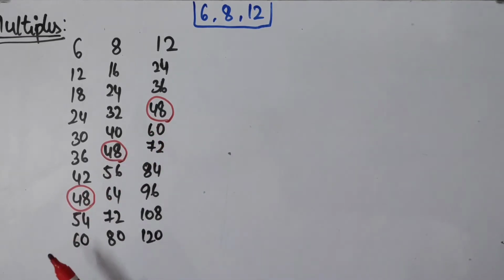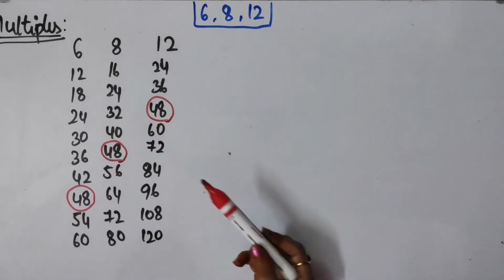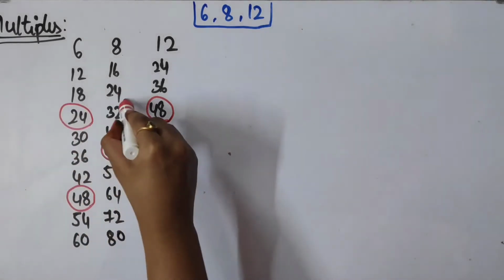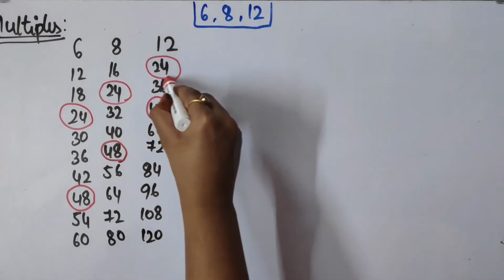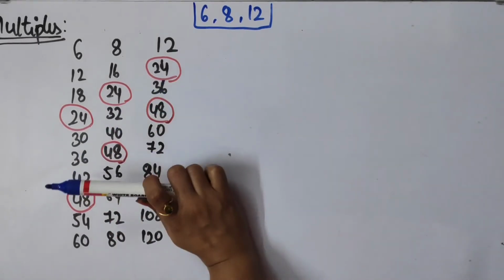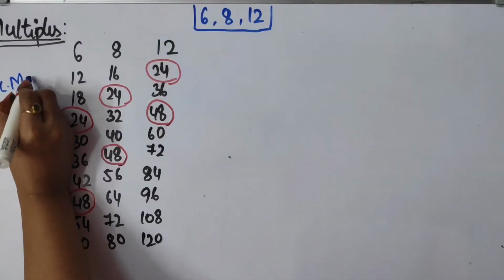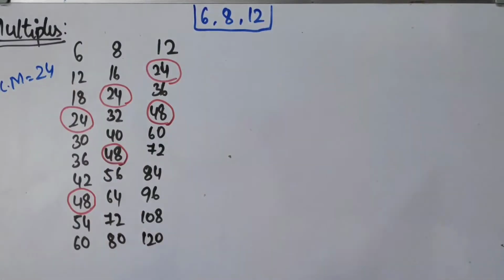We need to see the common number which is between all three of these numbers. Also I can see 24. As our topic says, lowest common multiple, 24 is the lowest of all, so that's the reason the LCM of these three numbers is 24.